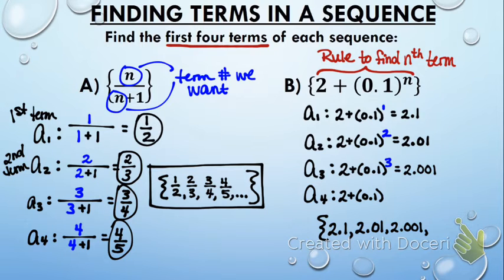And the fourth term, 2.0001. And it continues on. You guys feeling okay about these?